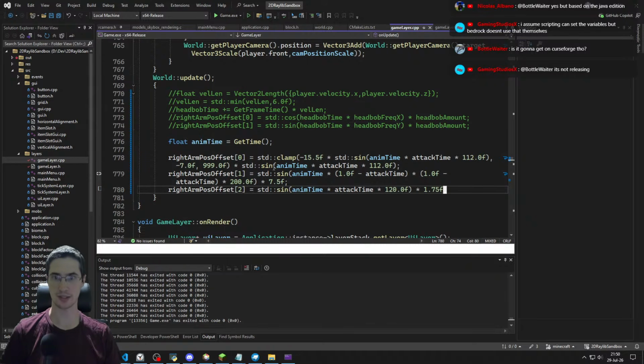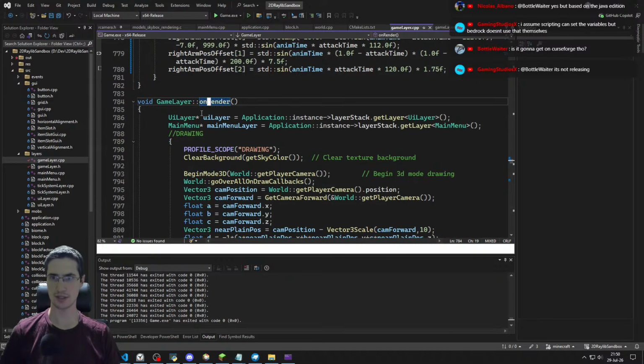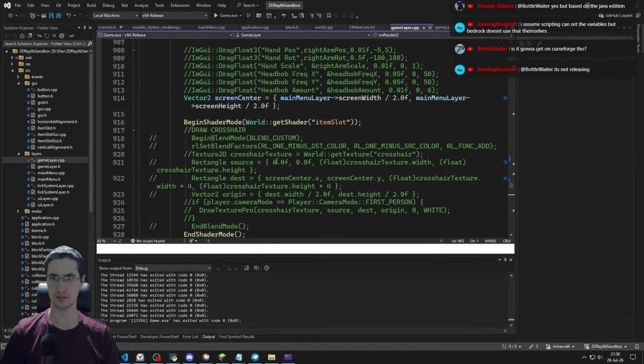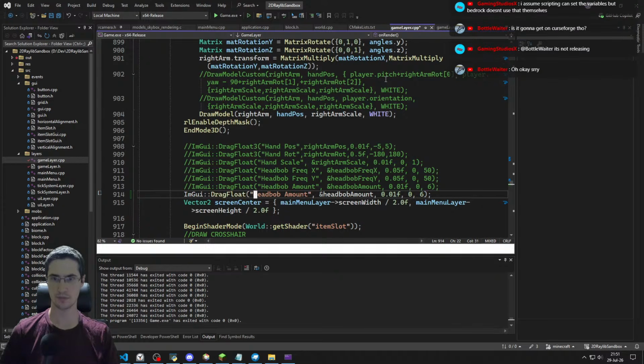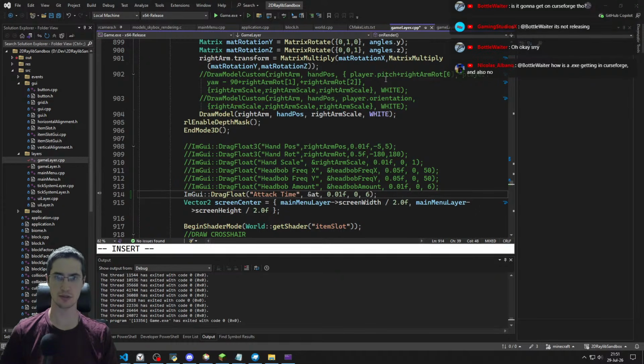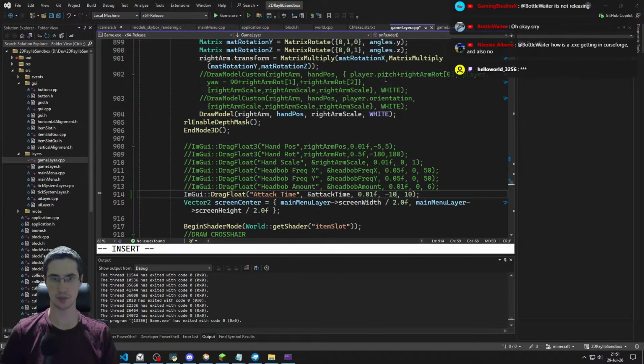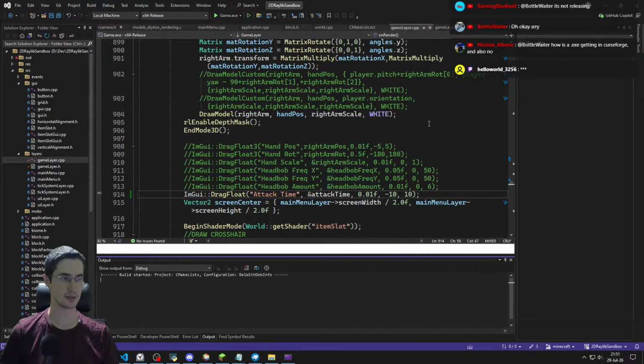Let's see what we get here. And let's be able to drag attack time. Let's change it, and it's between 0 and 10, let's say. Or between minus 10 and 10, let's say. Attack time. And let's see what animation this is.